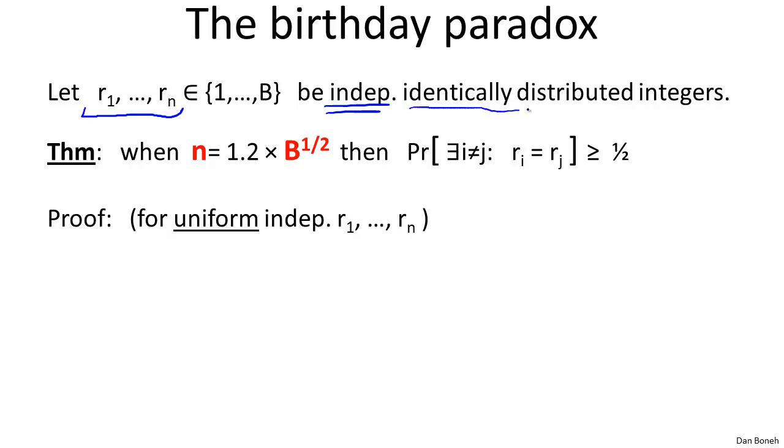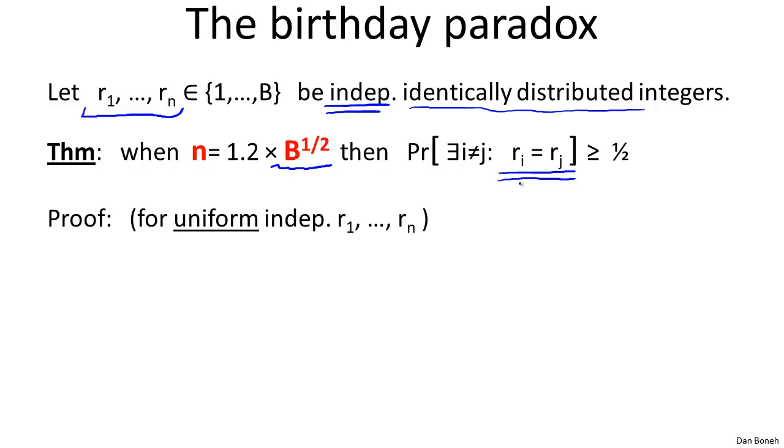And they also happen to be distributed identically. So for example, they might all be uniform in the interval 1 to b, but again, independently uniform variables. Now, it so happens that if we set n to be about the square root of b, in other words, if we sample roughly square root of b samples from the interval 1 to b, to be precise, it's 1.2 times the square root of b, then the probability that 2 of those samples will be the same is at least a half.